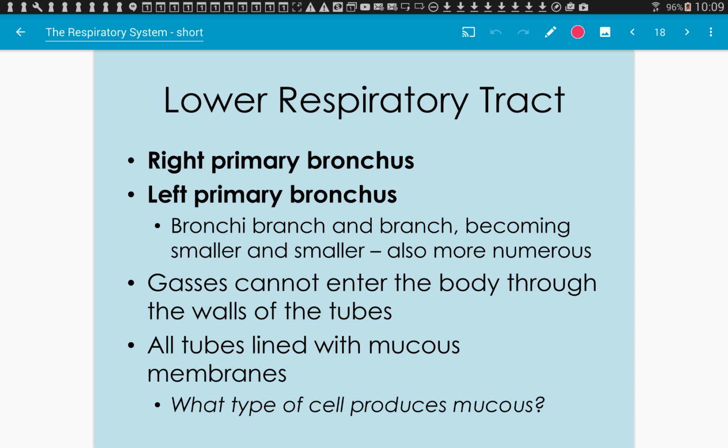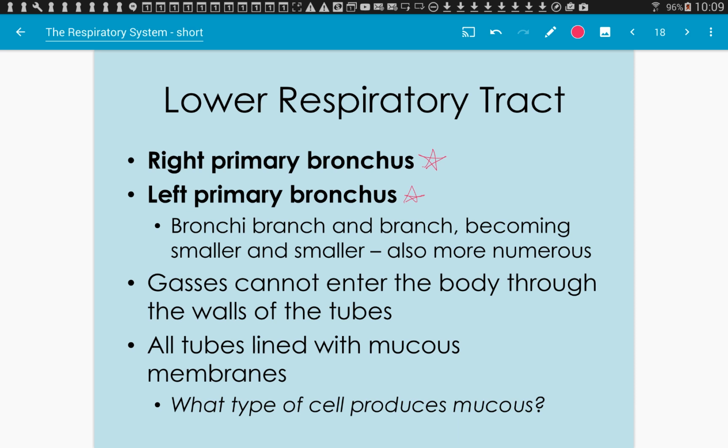The very first split that carries all the air to the right side is your right primary bronchus. The split that takes all the air to the left side is your left primary bronchus. Then they branch into smaller and smaller branches to conduct air to all of the respiratory surfaces.